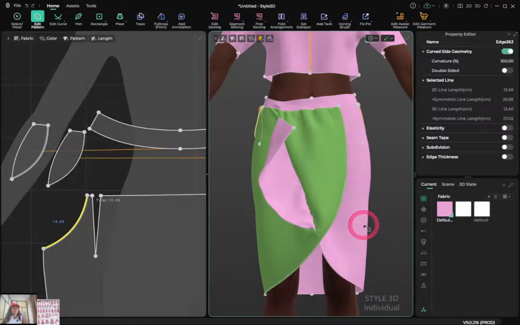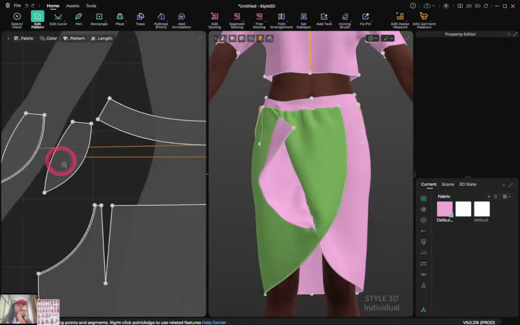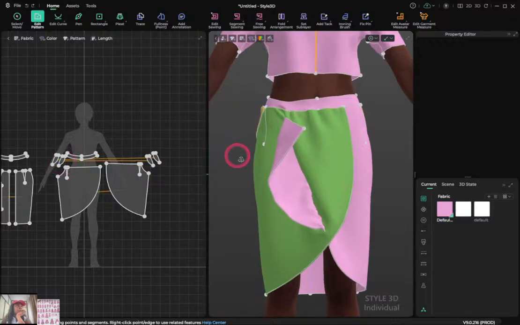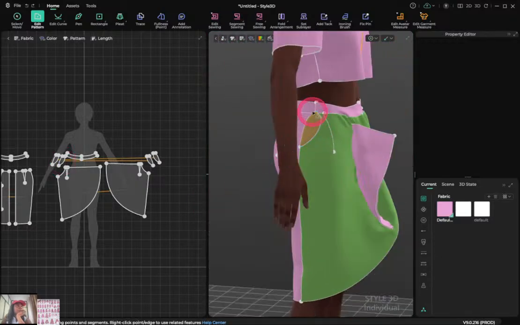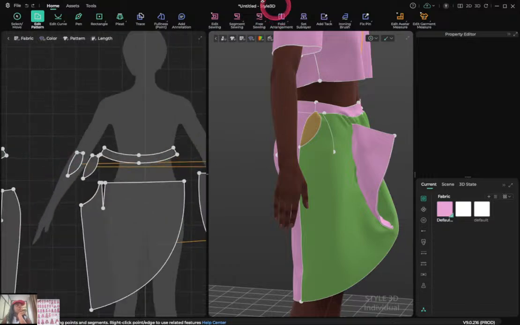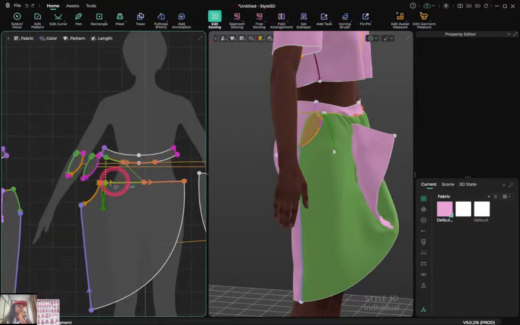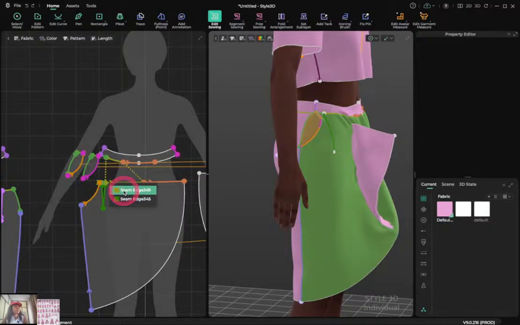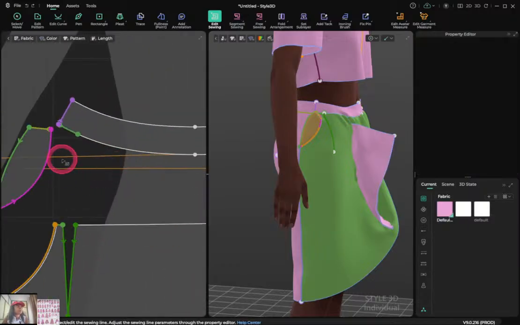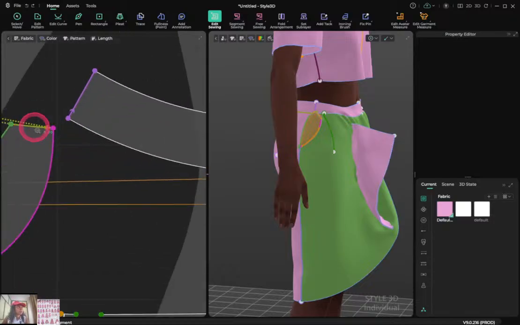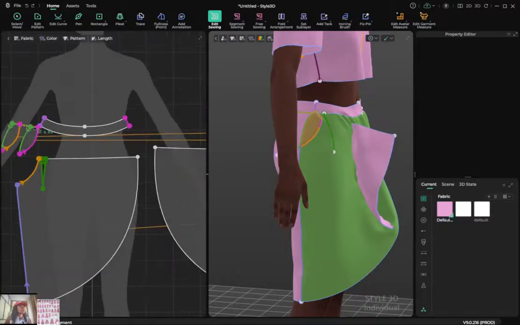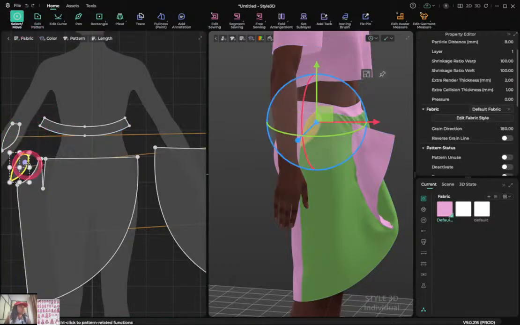Okay, now let me go to this piece. Oh yeah, so you see there was an issue there. I knew it. Knew there was an issue there. Let's delete this part as well, and we have to include this piece because it's part of the waistband.